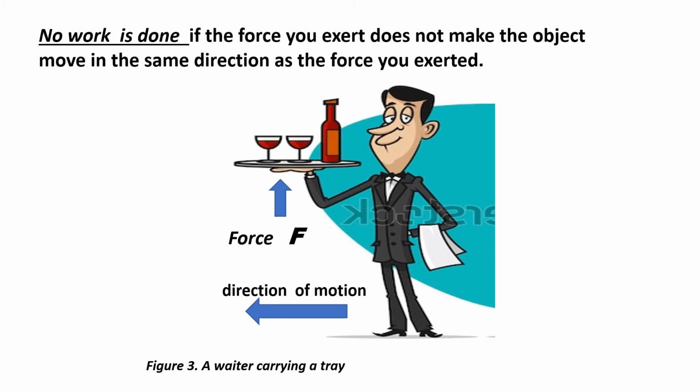So there is no displacement of the tray which was carried by the waiter, and the direction remained as it is. So I hope it is clear now where work is done or where no work is done.